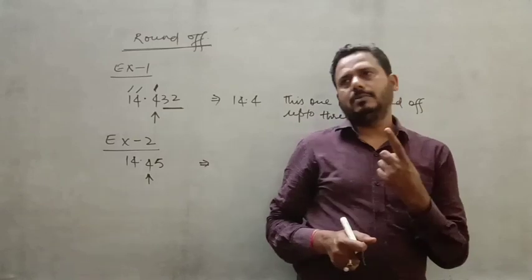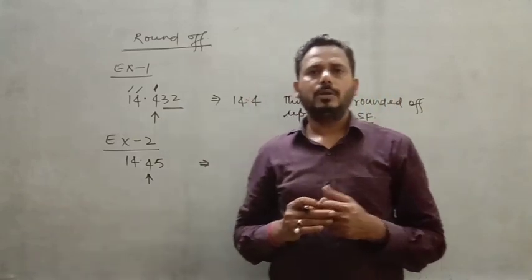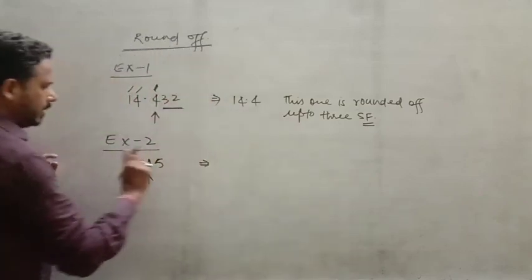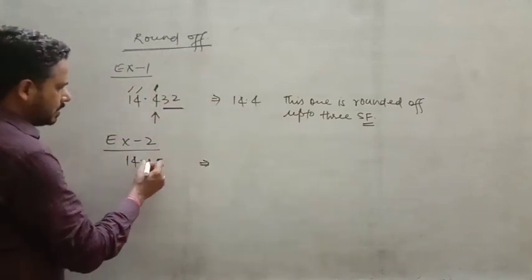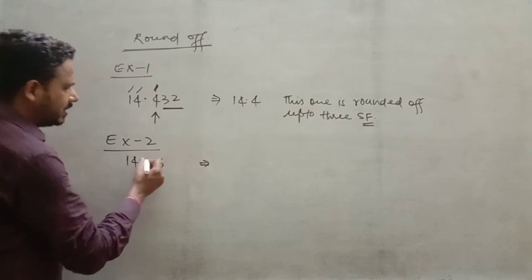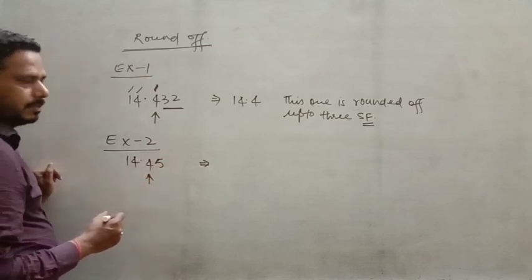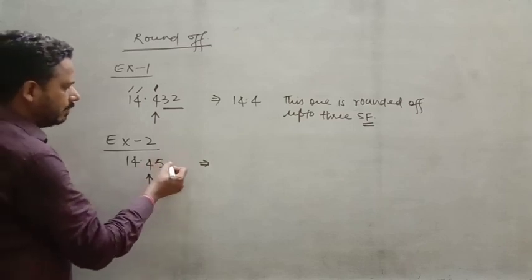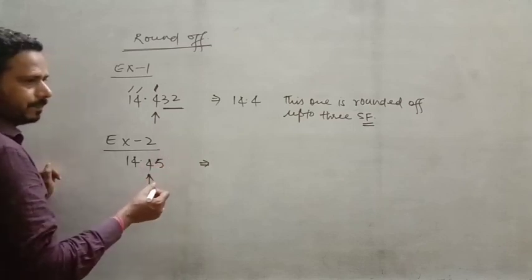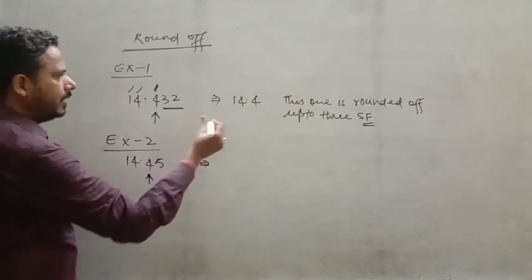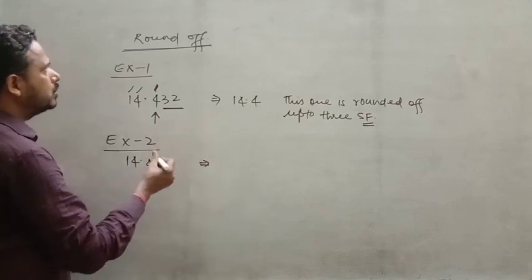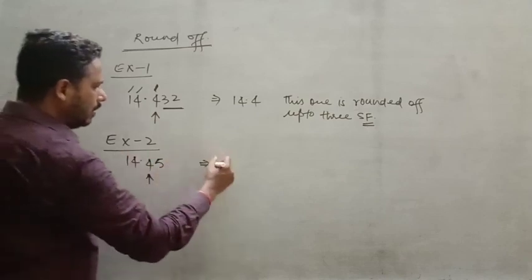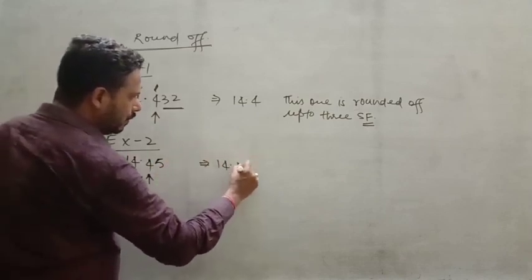Suppose you have 1, so half is 0.5, so think like that, that 5 is there. So what happens, your 4 would not be changed, because it is not greater than 5, it is just a 5 and the next coming number is nothing. So you are going to round off up to 3 significant digits. That means that would be 14.4.